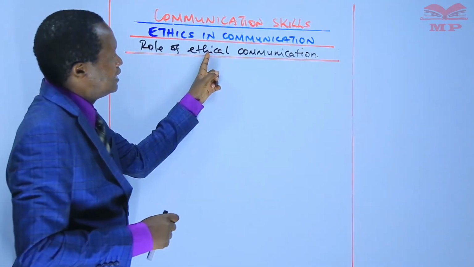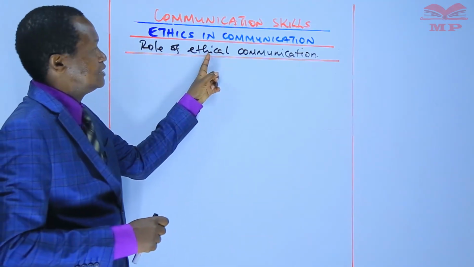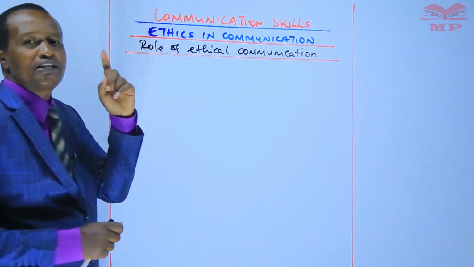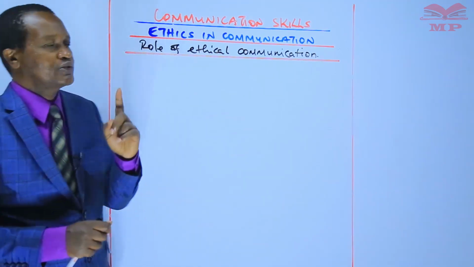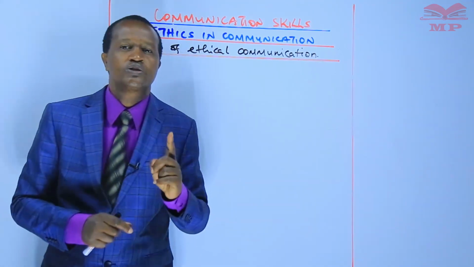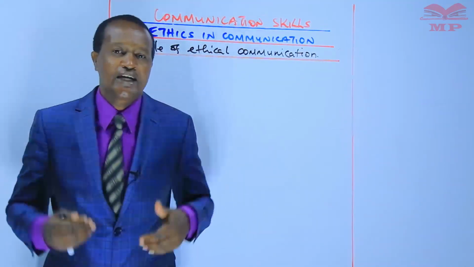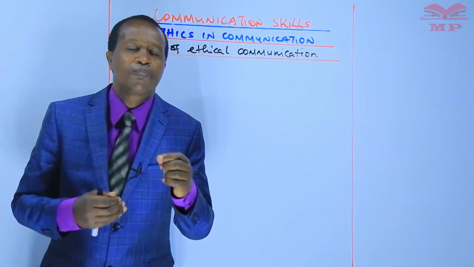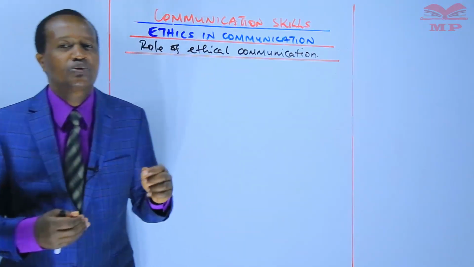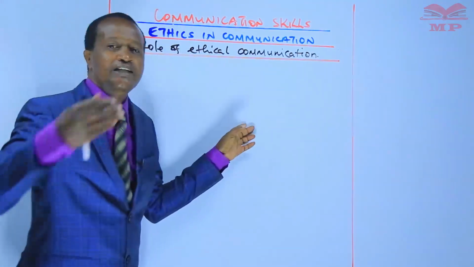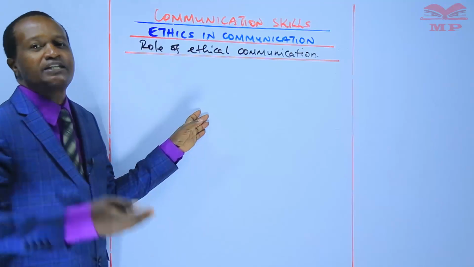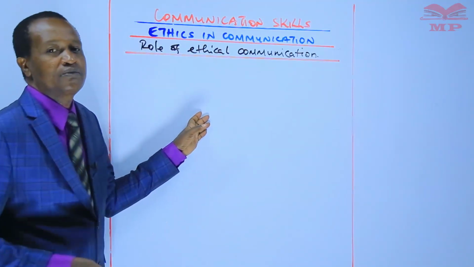Now, what is ethics? Now, candidates, ethics refers to a set of rules that describes acceptable conduct in society. I repeat, ethics refers to a set of rules that describes acceptable conduct in society.